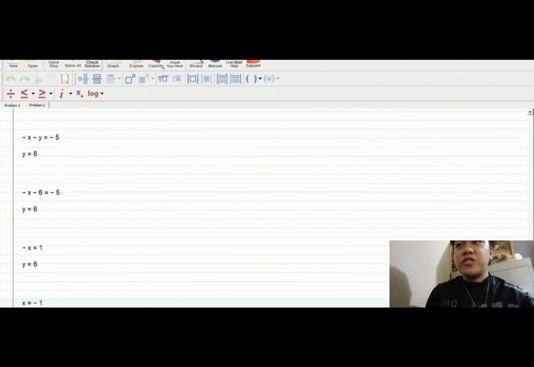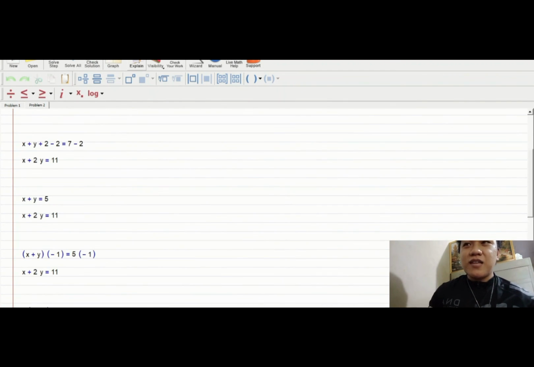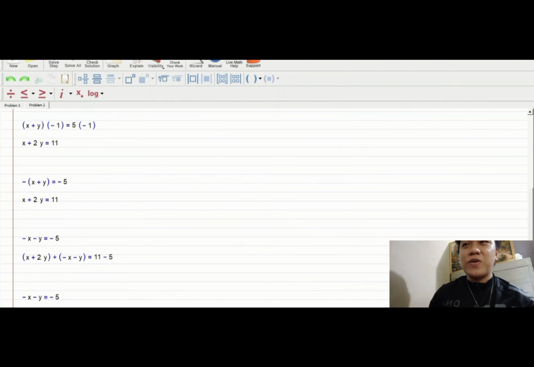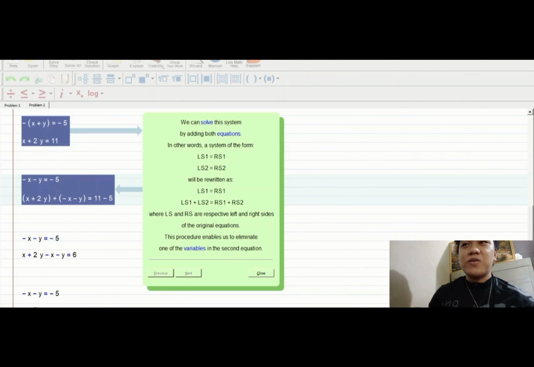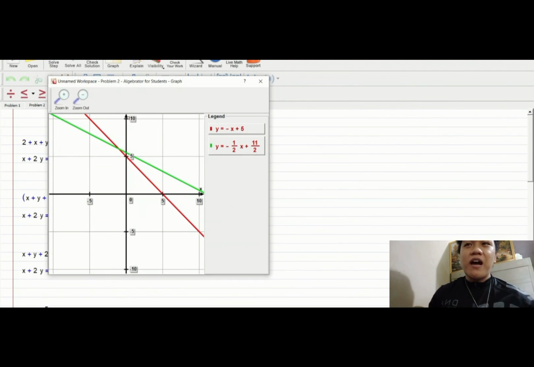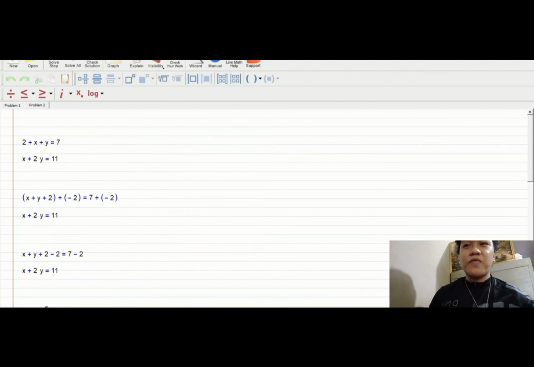Just click the sign that has a paper and a pencil, and after that, you are going to solve it. And then the process, graph, and explanation are all there. So this software is very useful for me.